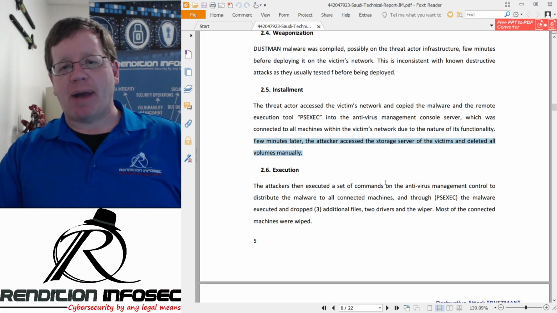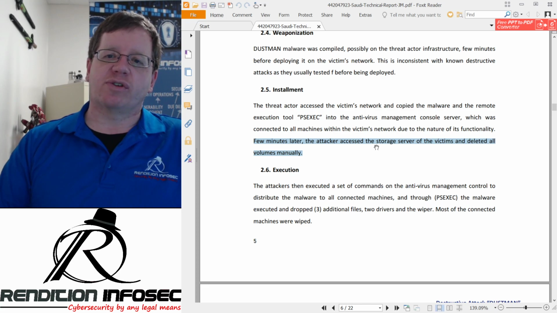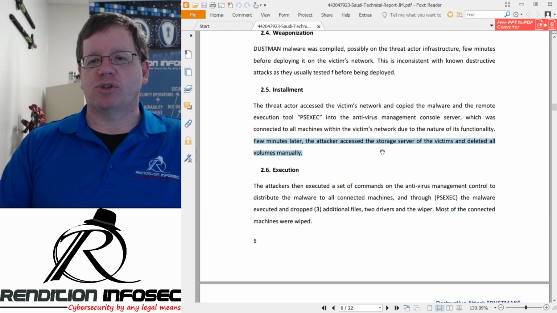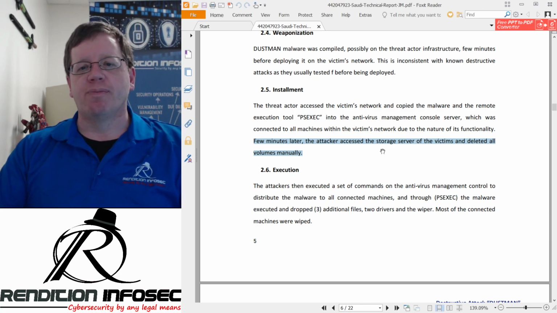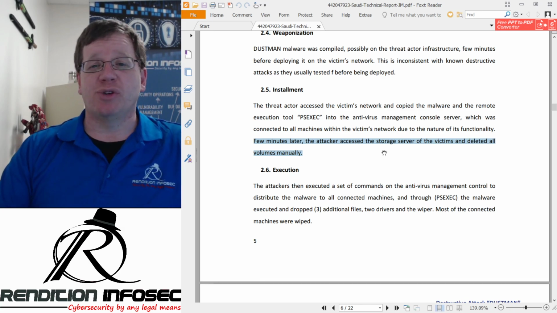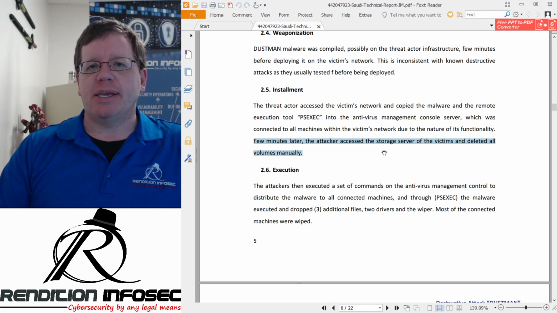Let me come back to this for a second here. Again, they're accessing these storage servers. Let's assume that if they're able to go delete volumes manually, they have admin on the storage servers. There is a good argument to be made that even if you need to join those storage servers to a domain, whoever has administrative control of those, maybe that shouldn't be a domain joined account, or should require some authentication other than domain authentication.